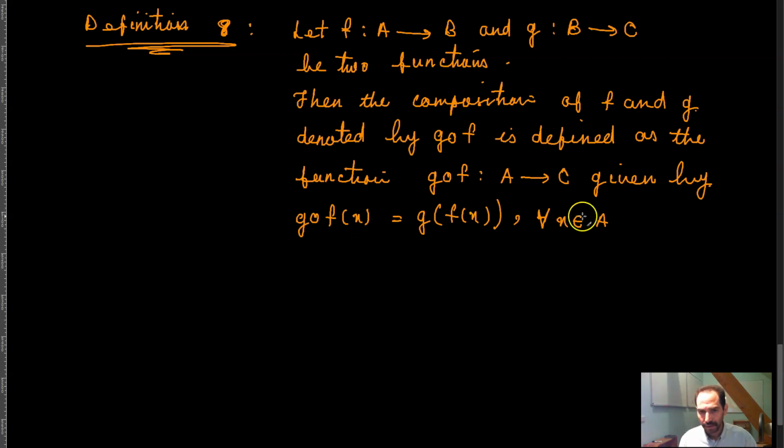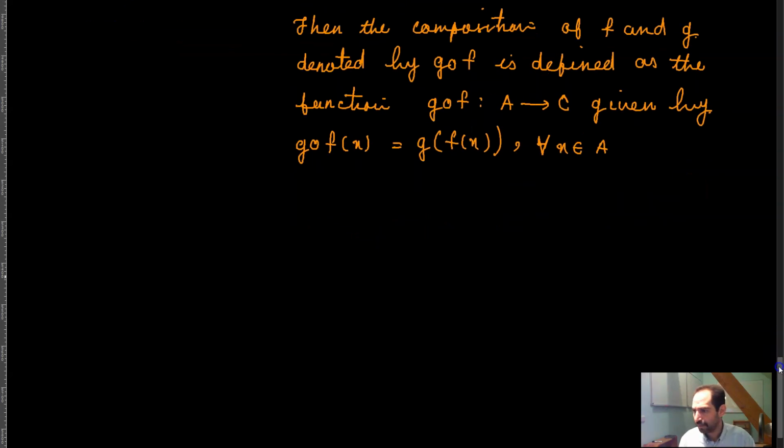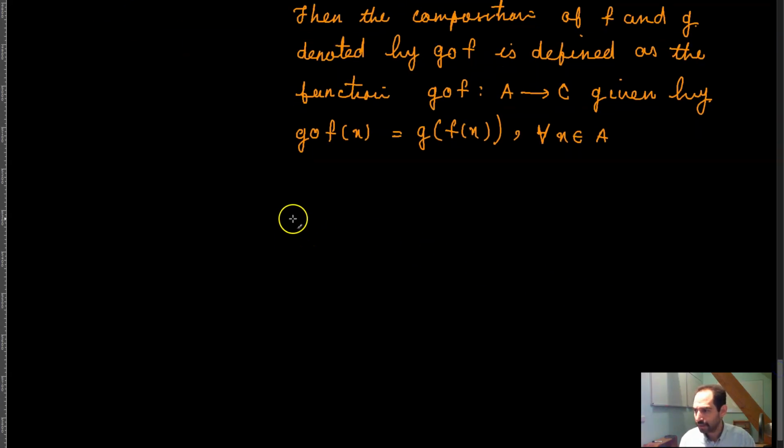And so you can imagine that you would have some set A over here. You have x over here, and you would have some set B over here, right?